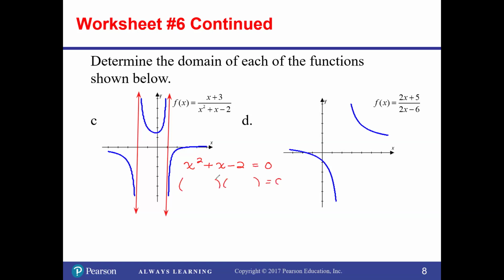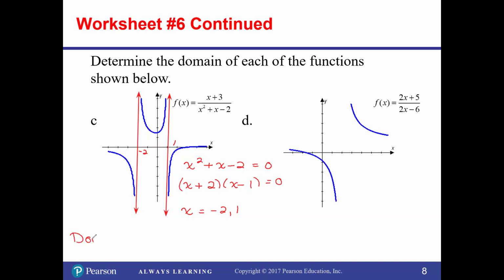I need to factor this, meaning I need two numbers that multiply to give me -2, but add to give me 1. So that would be x plus 2, x minus 1. So the zeros I would have would be -2 and 1, which is what we see here. So this one matched up pretty well.